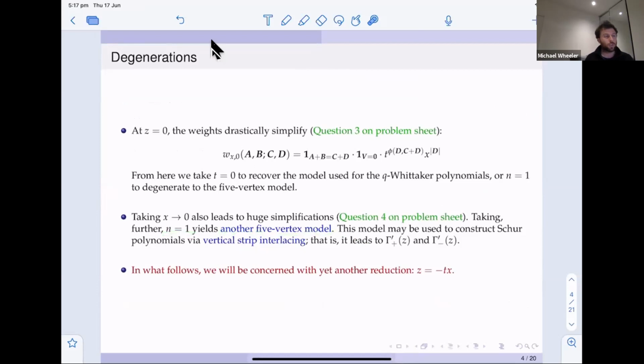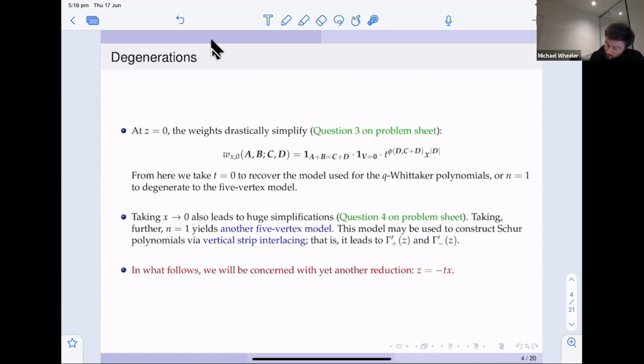It's a 5-vertex model that's a bit different to the one that we wrote down yesterday. That 5-vertex model can actually be used to construct the Schur polynomials via vertical strip interlacing. Previously we had a formulation in terms of horizontal strip interlacing, but there is also a vertical strip interlacing version.